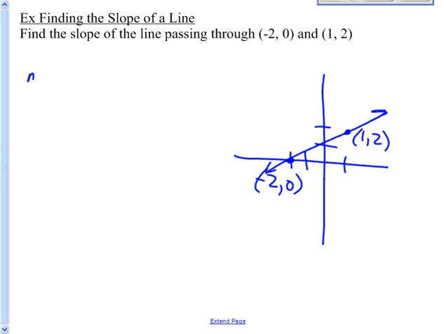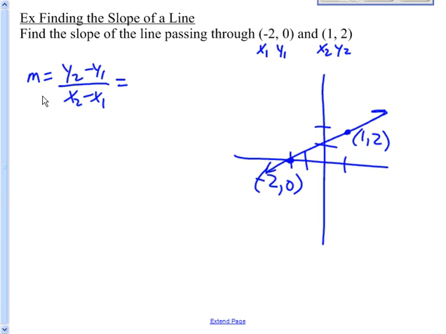So the first thing we do is we say, well, it's the ratio of the vertical change, y2 minus y1 over x2 minus x1. We go ahead and name these x1, y1, x2, y2, and we plug them in.